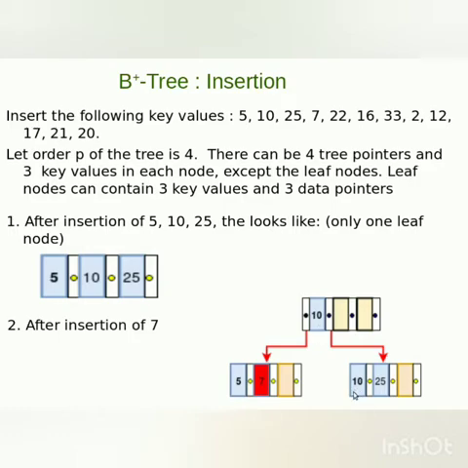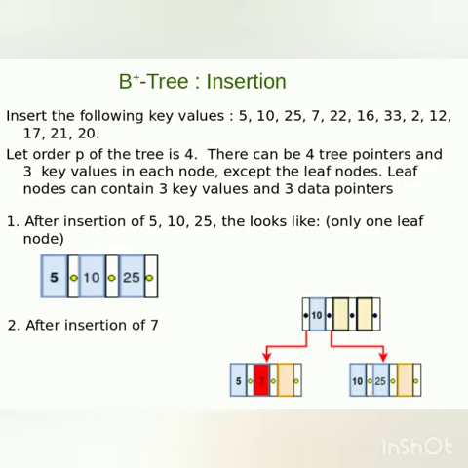But in a B plus tree all the values should be present in the leaf node, because only there is the data pointer available. This 10 is associated with this dot showing the data pointer. That is why every key value must be present in the leaf also, and 10 is repeated here, and next is 25.